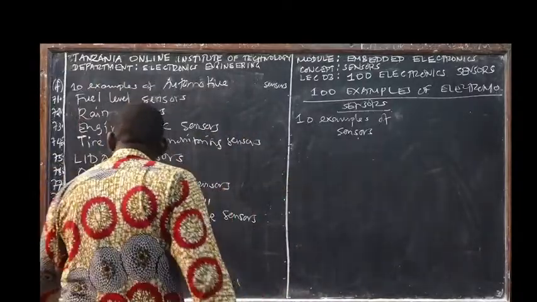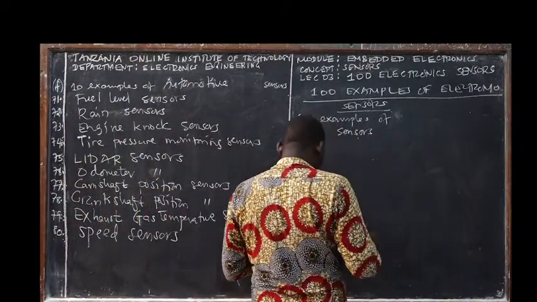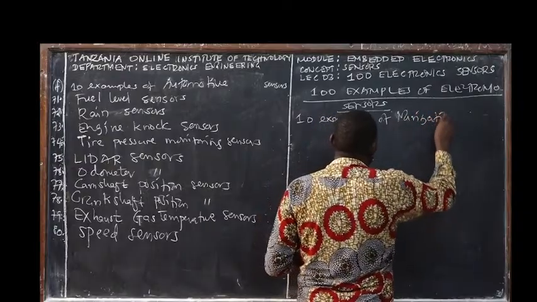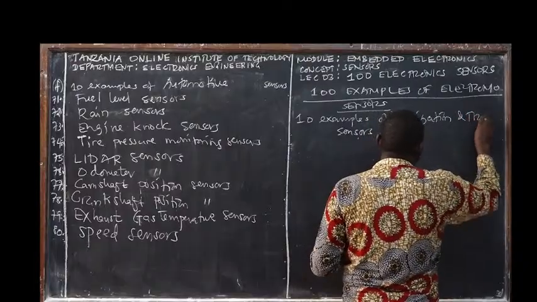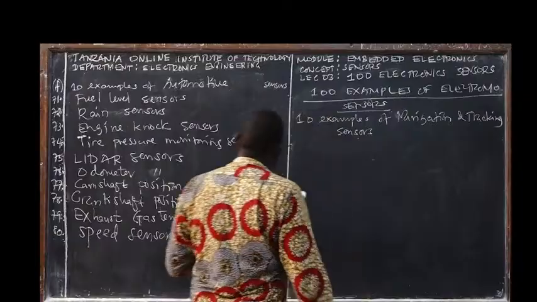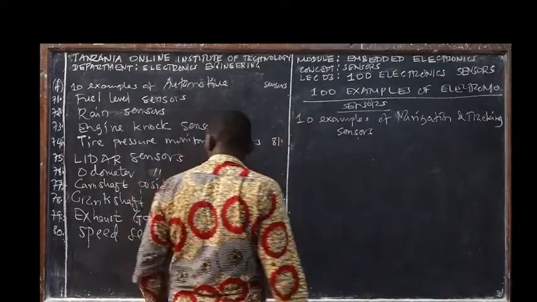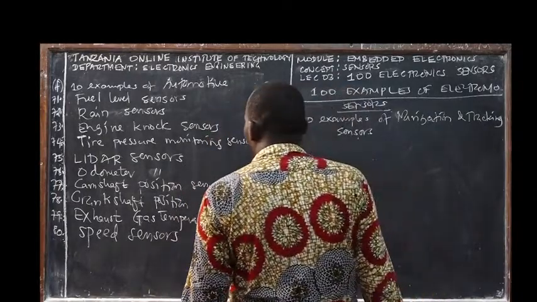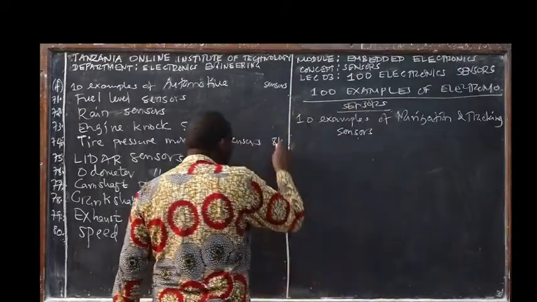Haya, tamka kuanzia 80 kwenda 71. Fuel level sensors, si ndio? Wengine walikuwa wanasubiria sensors wamalizie.